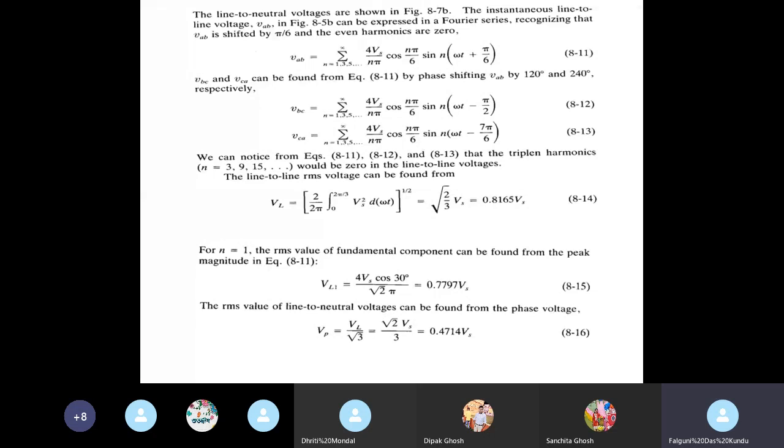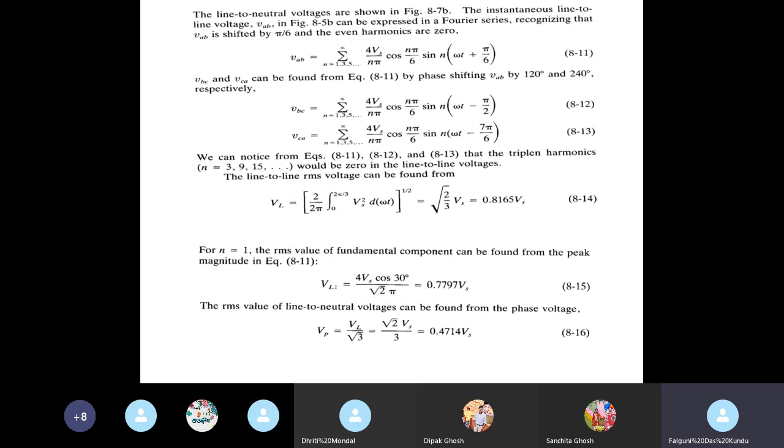The instantaneous line-to-line voltage VAB can be expressed in a Fourier series, and recognizing that VAB is shifted by pi by 6, that means 30 degrees. The even harmonics are 0, only the odd harmonics remain.